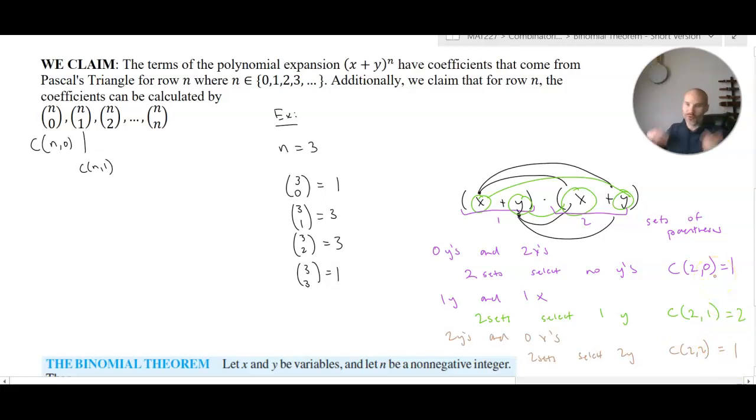We can go to the 3rd row and repeat this process, 4th row, repeat this process, the same type of thinking. The only difference is we'll have more parentheses, and we'll be drawing, say, from 3 parentheses, we want 2 y's and 1 x, which would be 3 combination 2. So there's a little bit of intuition for why this works. There are all kinds of cool connections between Pascal's triangle and the binomial theorem, but we'll leave it at that.